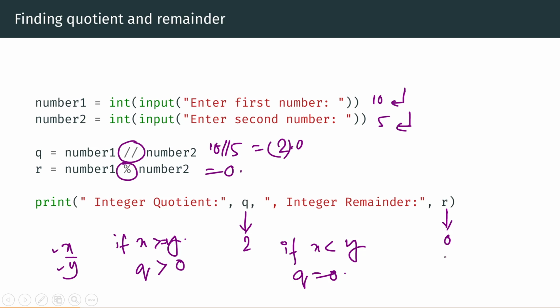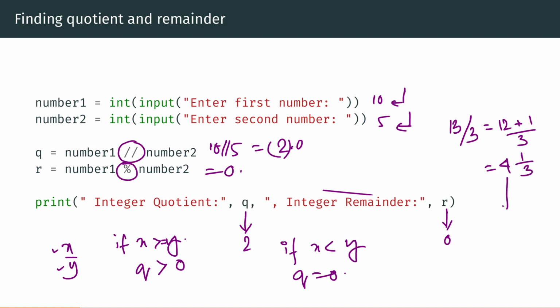This is especially useful in a situation where it's not perfectly divisible. So for instance, let's say 13 over 3. This is 4 decimal something. If you convert 13 over 3 into a mixed fraction, this is 12 plus 1 over 3, that is equal to 4 and a third.